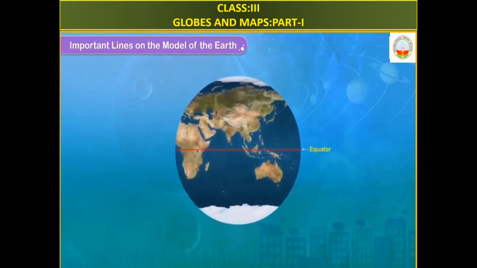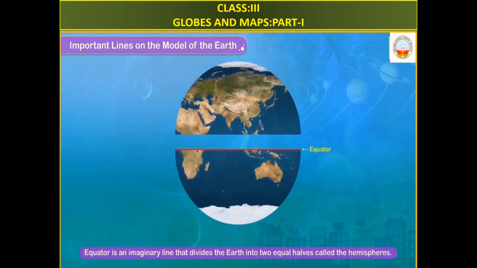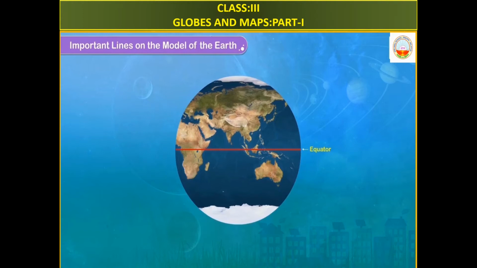The equator is an imaginary line that divides the earth into two equal halves called hemispheres. The part of the earth between the equator and the North Pole is called the Northern Hemisphere. The part between the equator and the South Pole is called the Southern Hemisphere.